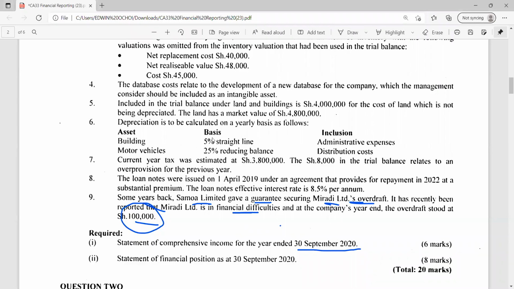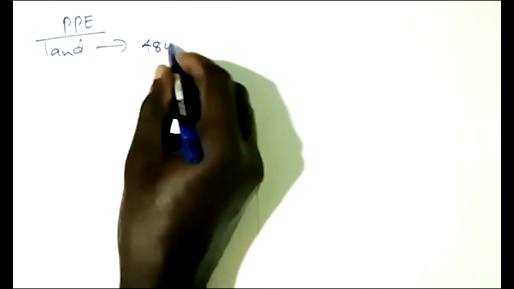That is what we are told in additional information number 5. Included in the trial balance under land and building is 4 million for cost of land, which is not being depreciated. So land has a market price of 4.8. So 4.8 is the new figure currently at which land can be measured in the market. That is why we said it was divided by 800. So which means that here we record 48.